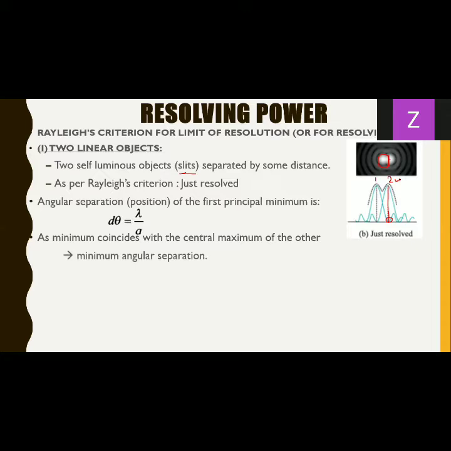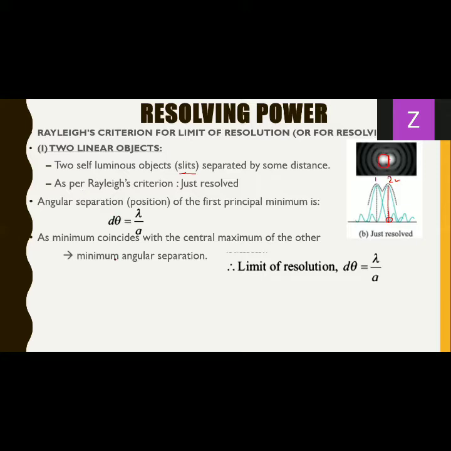Now this minimum angular separation can be considered as the limit of resolution, which can be given as d theta equals lambda by a from this formula.